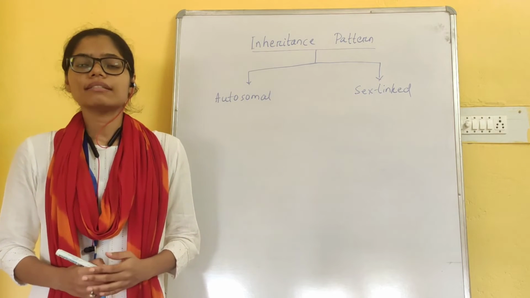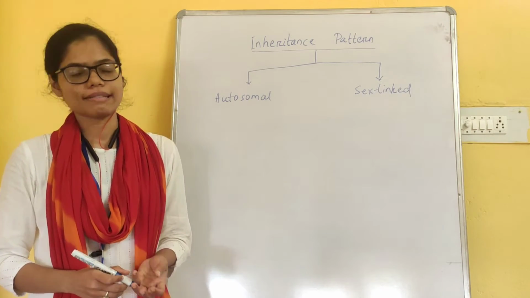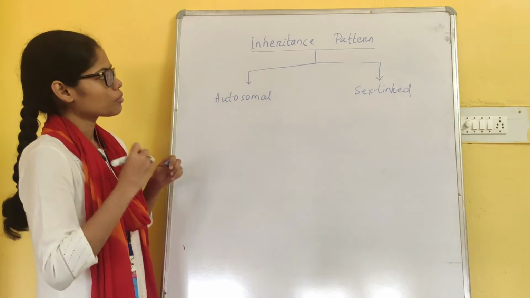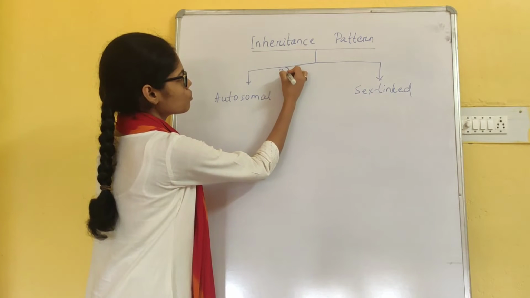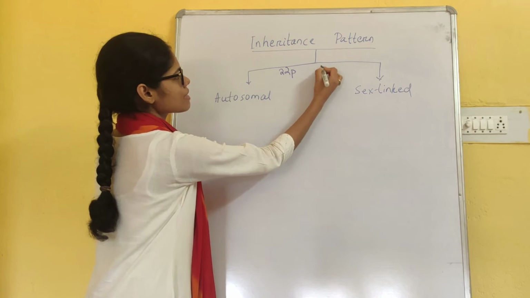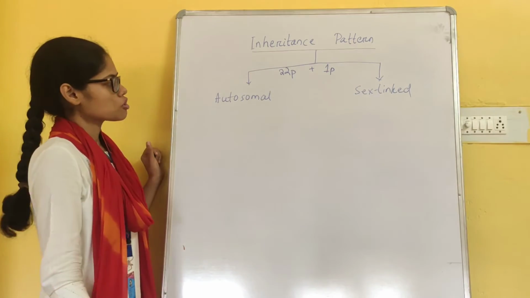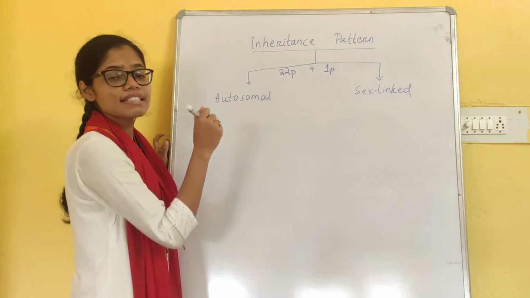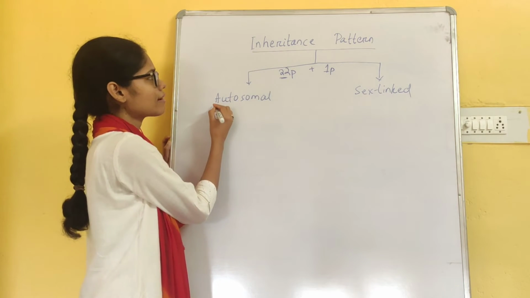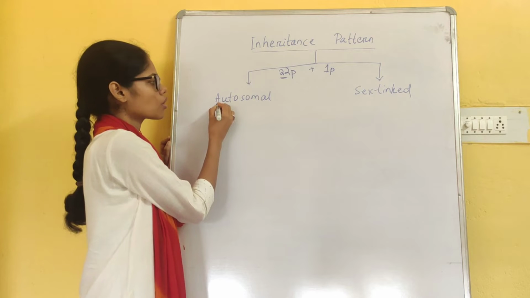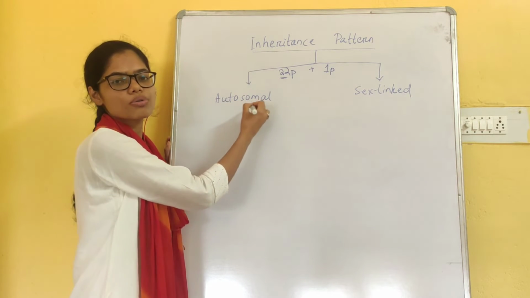Now coming to the inheritance pattern of the genetic disorders. So we know that in case of human beings we have 22 pairs of autosomes and 1 pair of sex chromosomes. So if the diseased allele is present in the 22 pairs of autosomes, then that disease will be called autosomal, or that inheritance will be called autosomal.